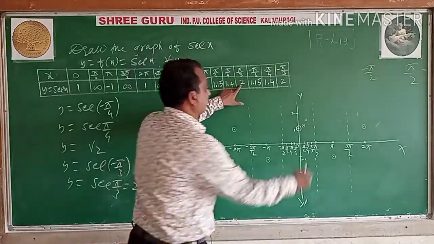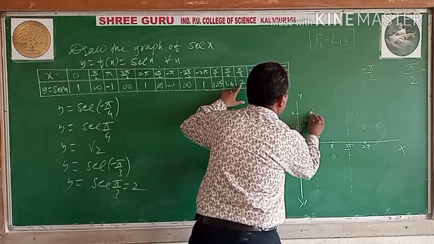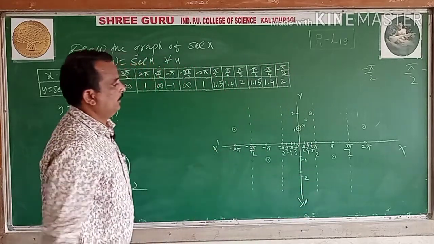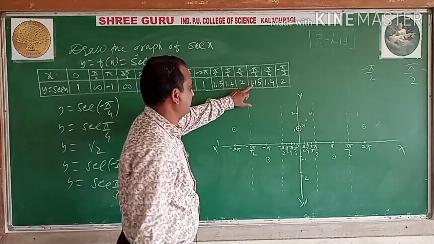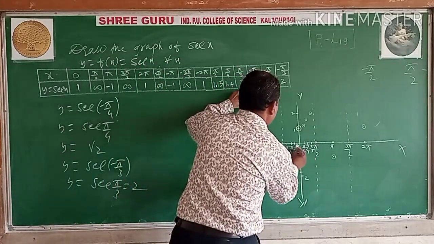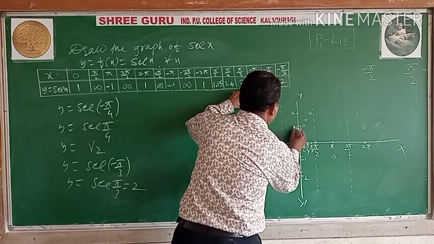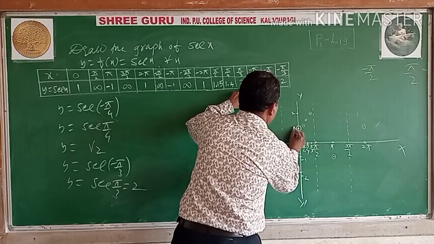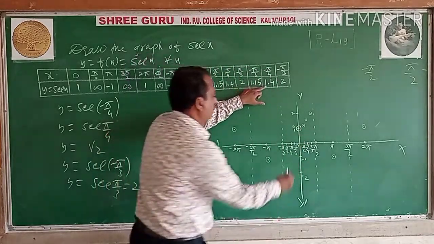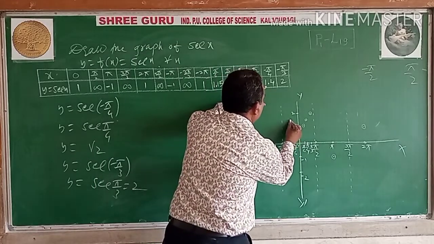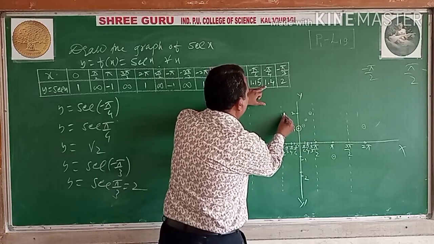When pi by 3, that is 60 degree, it is exactly 2. Next, when minus pi by 6, it is the same, 1.15. When minus pi by 4, it is 1.4. When minus pi by 3, it is exactly 2.